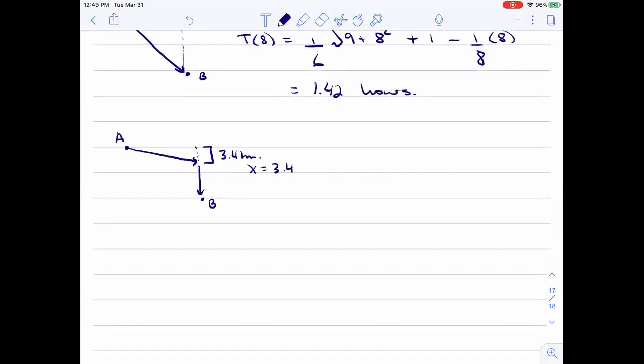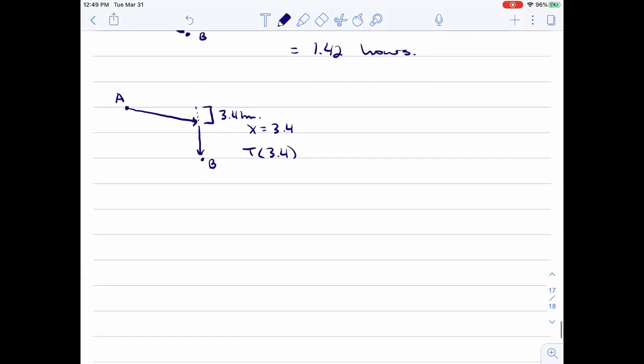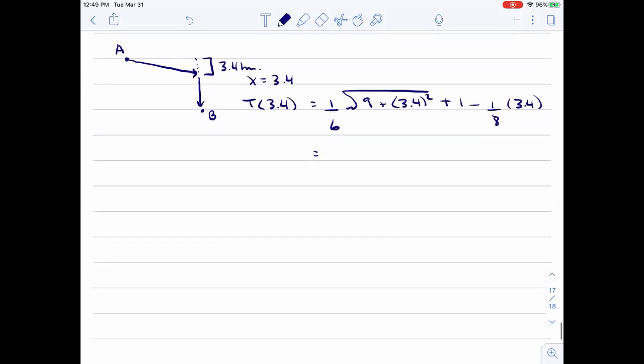So x is 3.4, so t of 3.4 is 1/6 times the root of 9 plus 3.4 squared plus 1 minus 1/8 times 3.4, which if we calculate it, is 1.33 hours.